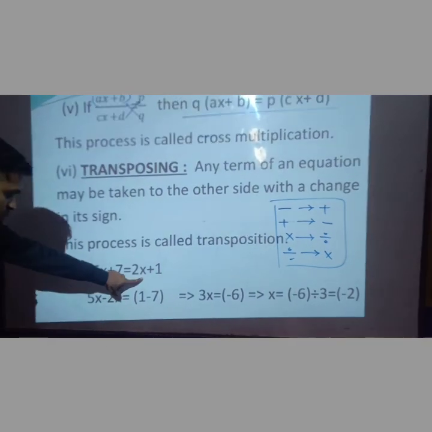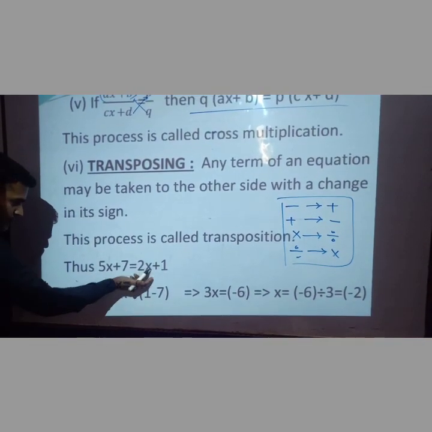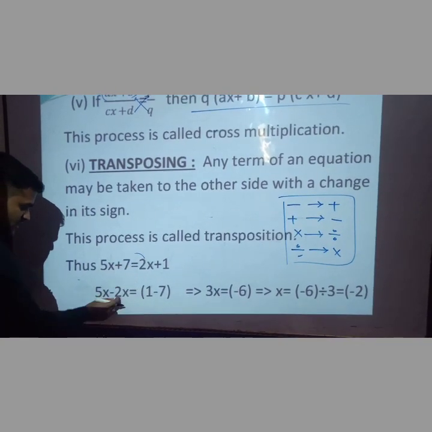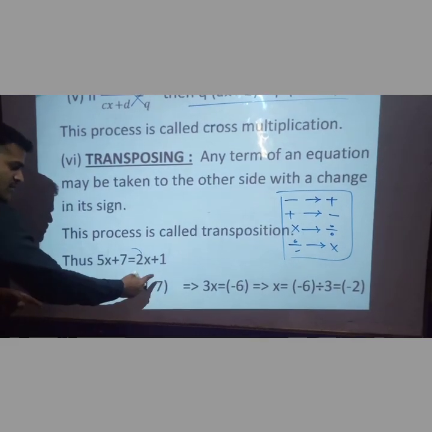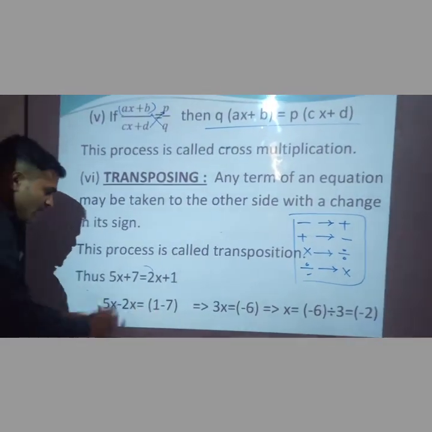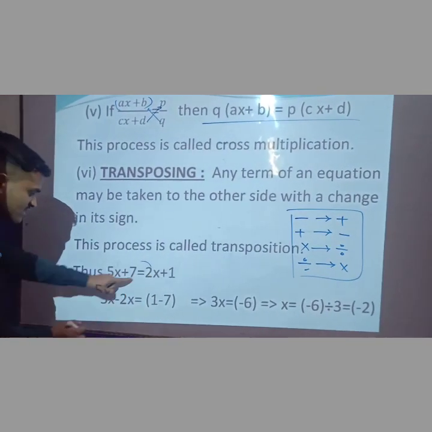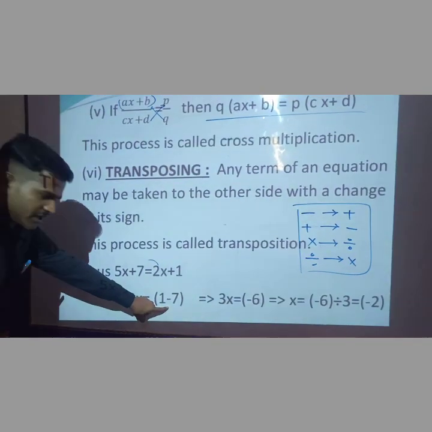So 2x is positive, what did it become? Minus. So 5x minus 2x. And we transpose 7 from left to right. On the right hand side, 1 is positive, so we have written positive 1. When we transpose 7 from left to right, is 7 positive or negative? Positive now. So it became negative.